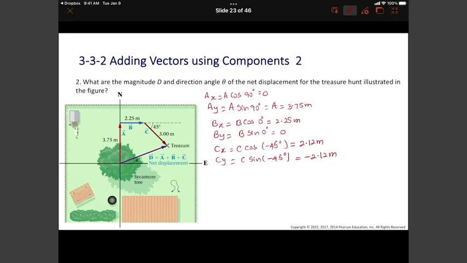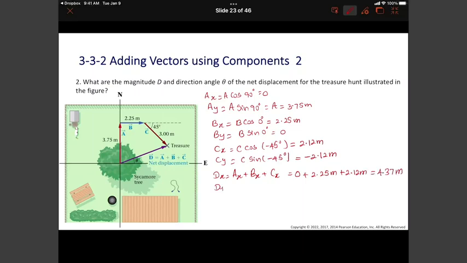Therefore, Dx is equal to Ax plus Bx plus Cx. Now we can substitute the values. Ax is 0, Bx is 2.25 meter, and Cx is 2.12 meter. So the answer is 4.37 meter.